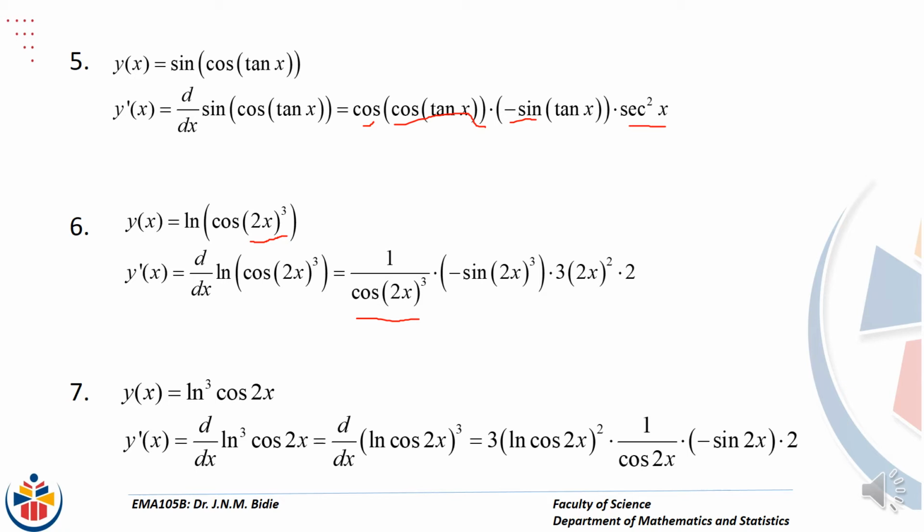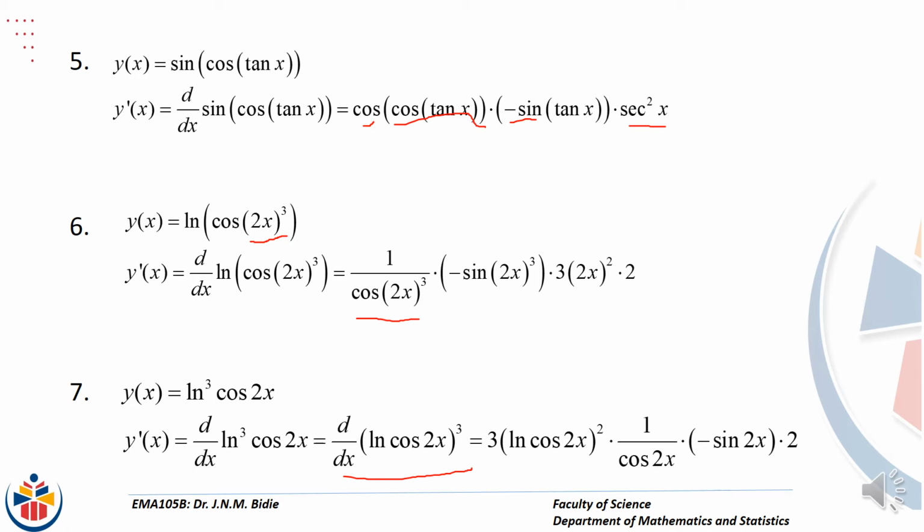Now we go to number 7. We've got ln cubed cos 2x. So now note the way I've rewritten it so that we understand that ln cubed of cos 2x is ln cos 2x all to the power 3.